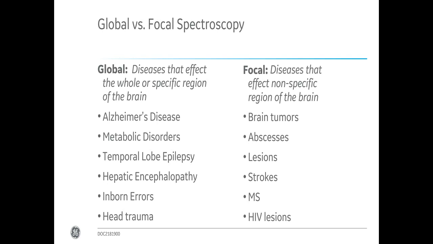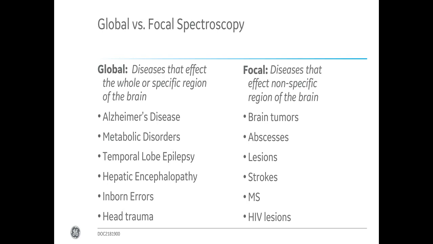In principle, there are two different kinds of spectroscopy we can do. One can be called global, and global means in this definition it's a disease that affects either the whole or a specific region of the brain. And there's a list of diseases that we can more or less call a global disease.